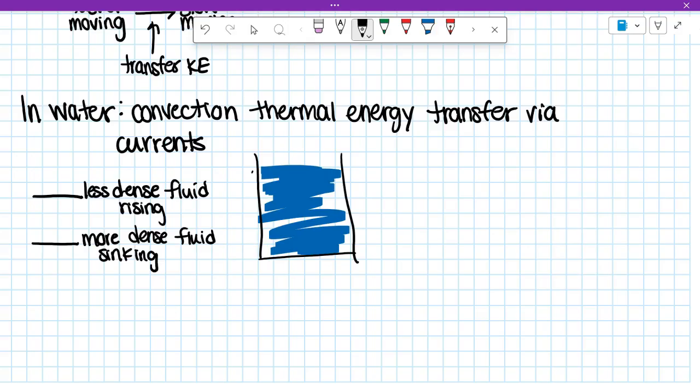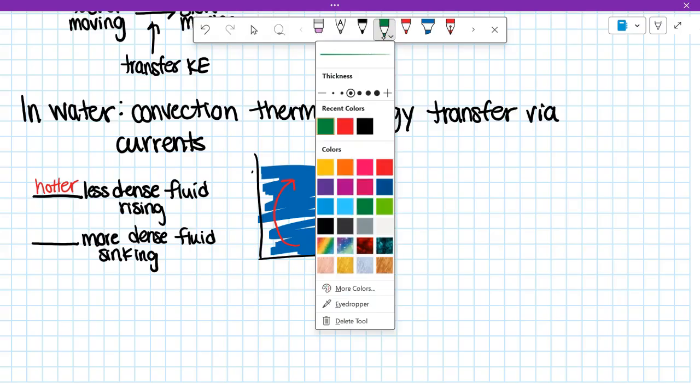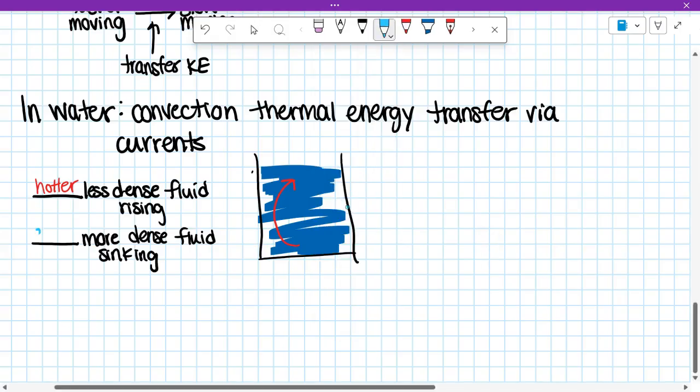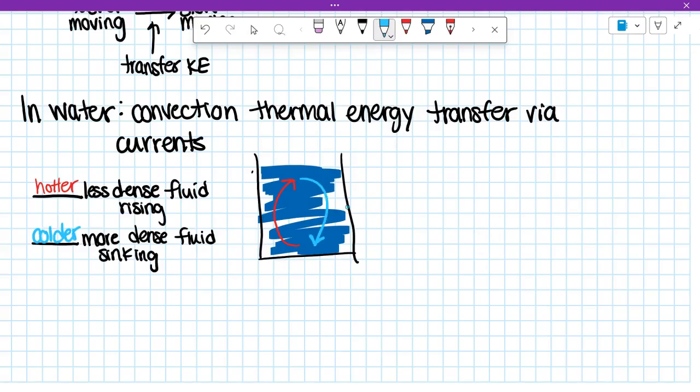So what should go in those blanks is hotter, less dense fluid rising, and conversely, colder, more dense fluid sinking. Right? And we end up with this current. Okay? So the rising hot water pushes the less dense cold water down to the bottom. Now at the bottom, the water is in contact with the beaker in contact with the hot plate.